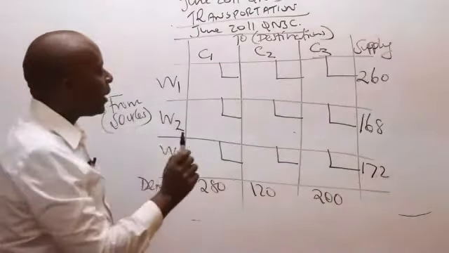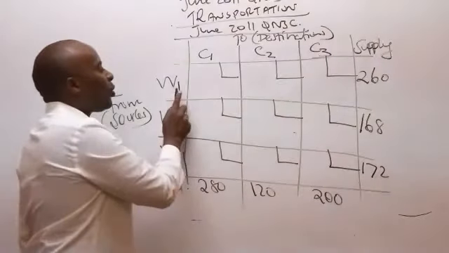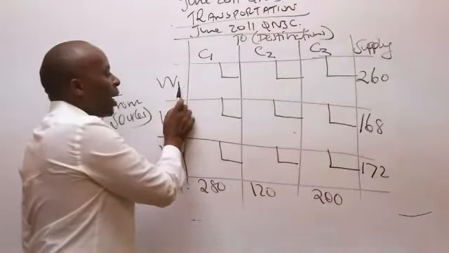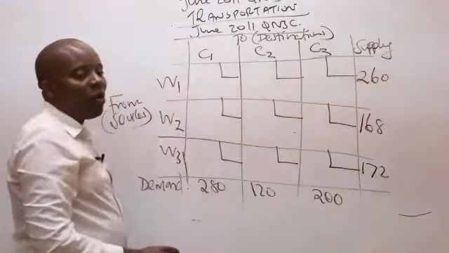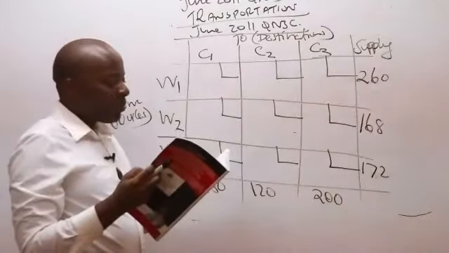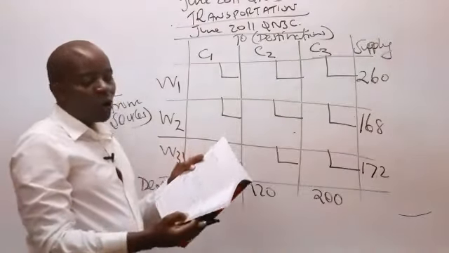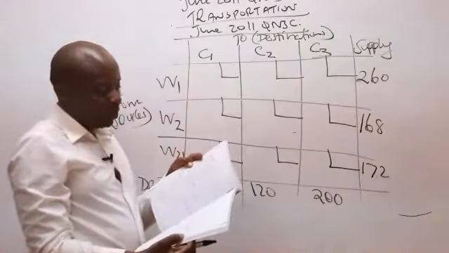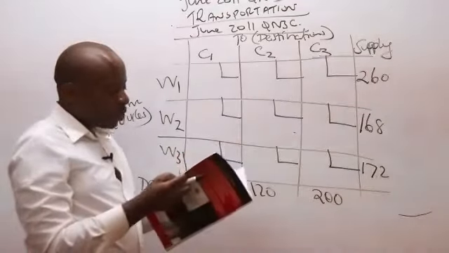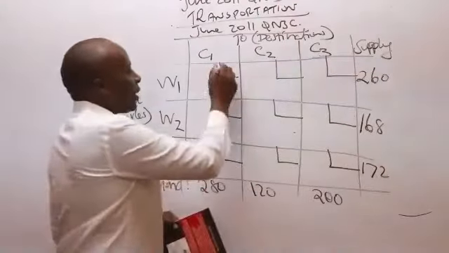So like now, how much does it cost us to transport 1 bag of rice from warehouse 1 to C1? From warehouse 1 to C1, I hope you are able to see the transportation cost per bag given on that table. So warehouse 1, C1 gives us 100.